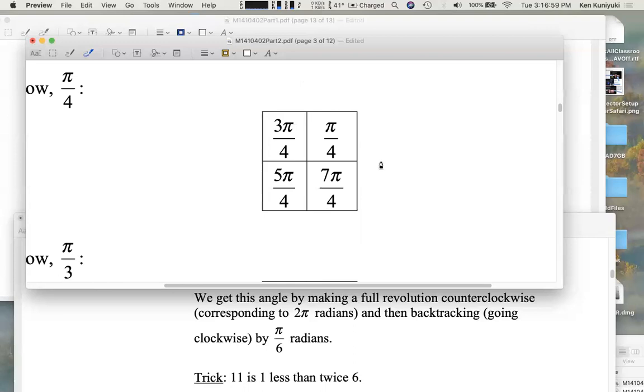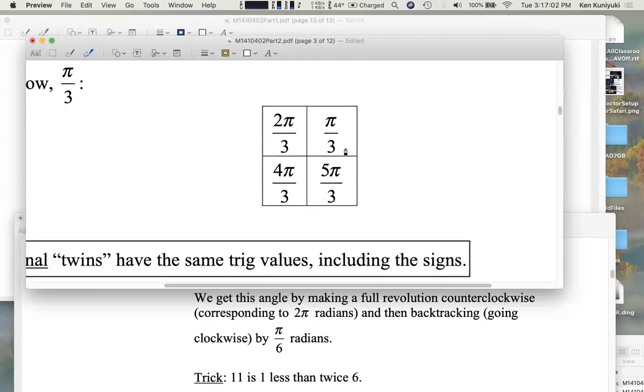All right, think you got it? Pi over 3, 2 pi over 3 here because 2 is 1 less than 3. 4 pi over 3 here. 4 is 1 more than 3. 5 pi over 3 here. 5 is 1 less than twice 3, 6.